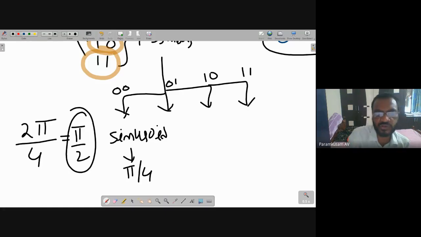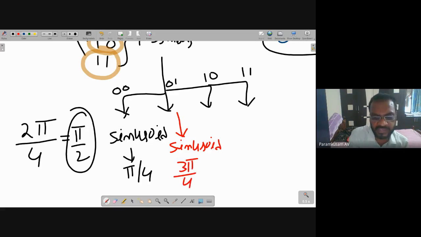If 0, 1 is to be transmitted, you transmit a sinusoid with phase angle 3 pi by 4. What is the phase difference between these two? Pi by 4 and 3 pi by 4: the phase difference is pi by 2.